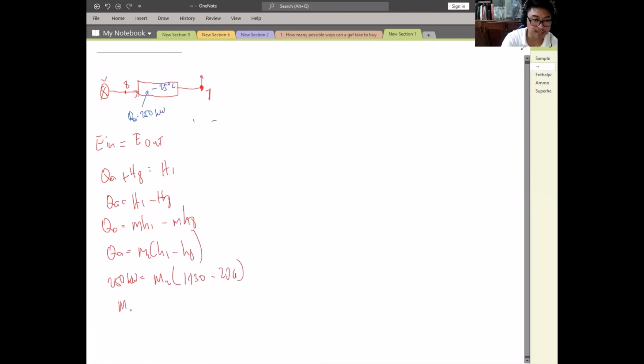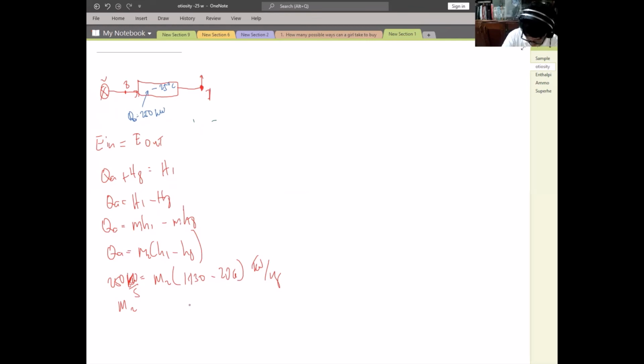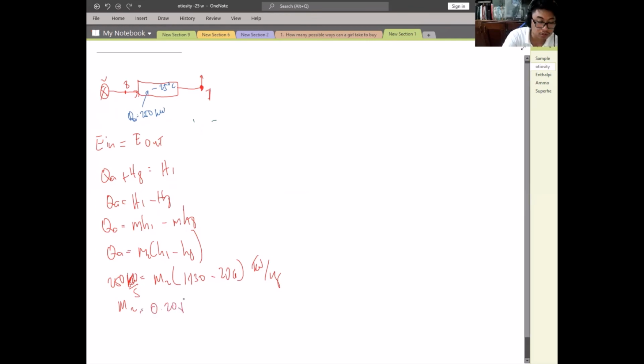Therefore, our mass 2, so this is kilojoule per kilogram. Let's elaborate, kilowatt is kilojoule per second. So we can cancel kilojoule, leaving kilogram per second. So our mass 2 will be 0.204 kilogram per second.